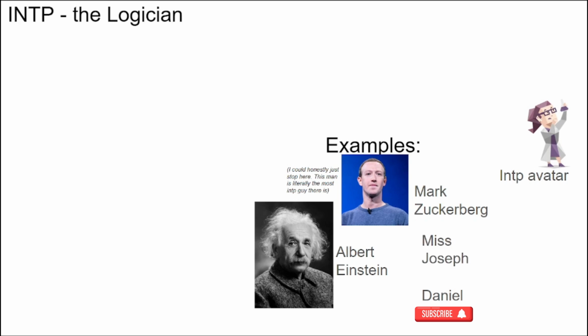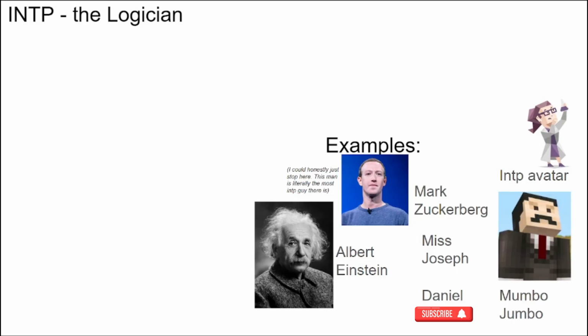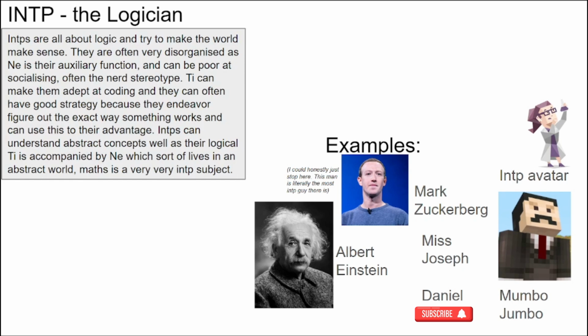Miss Joseph, INTP. I don't know why I could tell for Miss Joseph, but I think it's the way that she's tired all the time. Maybe that's kind of an INTP thing to do. Mumbo jumbo.